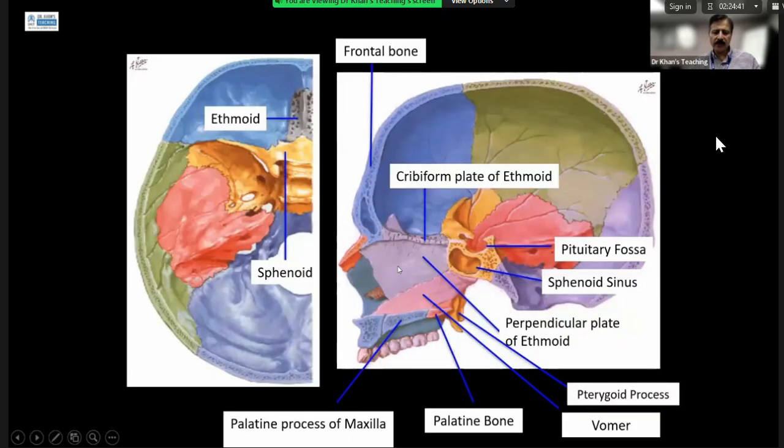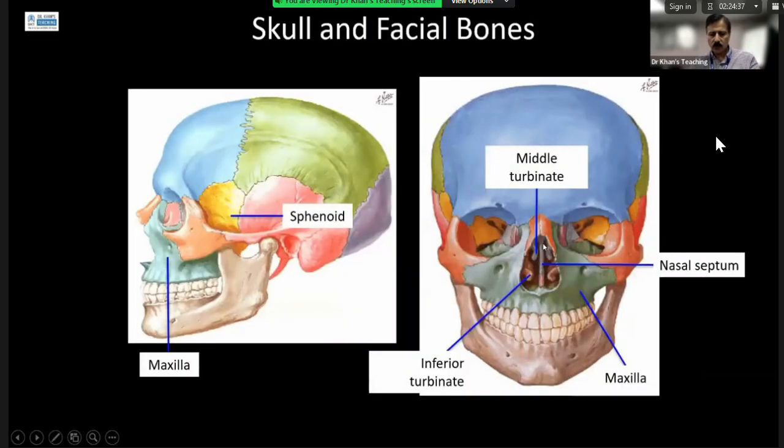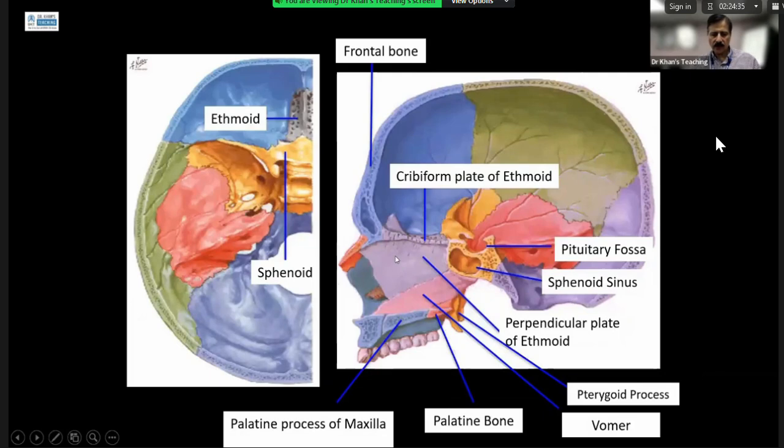If you see the midline bony anatomy, the septum, which was this bony septum, can be seen here. And 3 bones actually contribute in making this bony component of the nasal septum. They include the ethmoid bone, this is the perpendicular plate of the ethmoid.